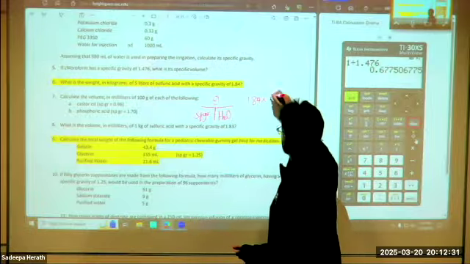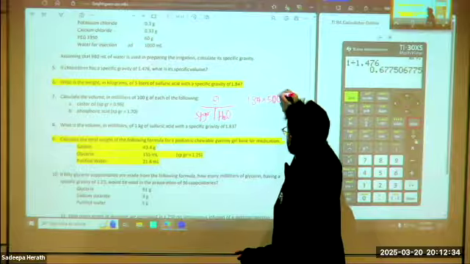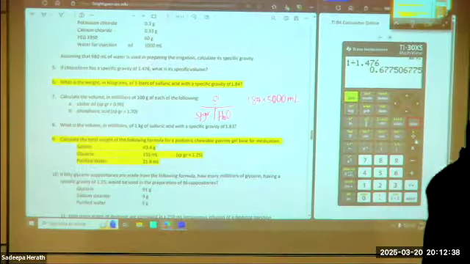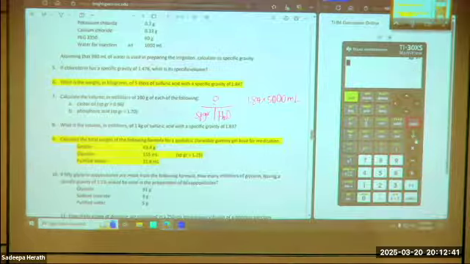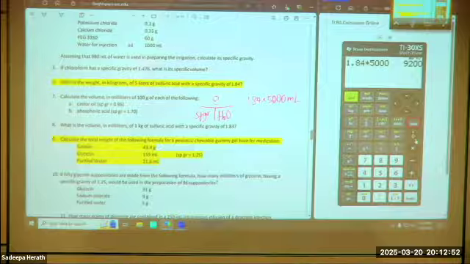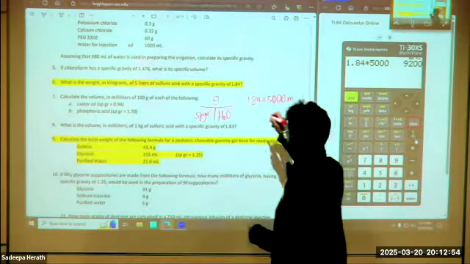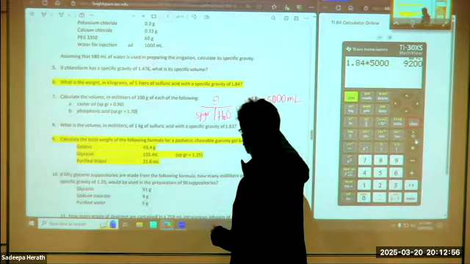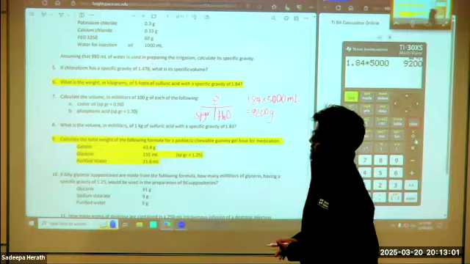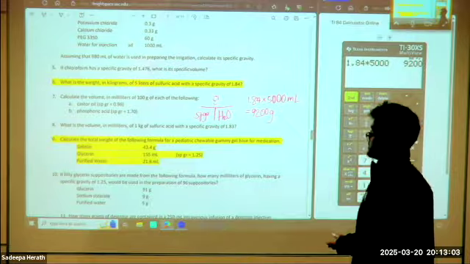Let's go by ml. 5 liters is 5,000 ml. 1.84 times 5,000 equals 9,200. So 9,200 what? Grams. But that's not what they're looking for. What is its weight in kilograms?